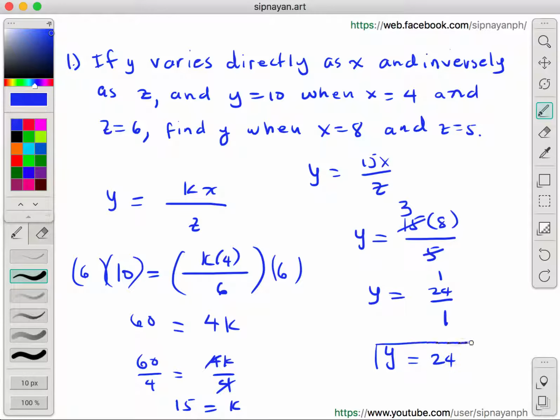So, kung hindi kayo familiar sa cancellation, just multiply 15 times 8 and then divide by 5. So, makukuha nyo pa rin is 24. Pero dito kasi, pwede na nating gamitin ang cancellation, pag meron tayong number sa numerator at sa denominator, if we can divide these numbers by a single number, in fact, the greatest common divisor, in this case 5.